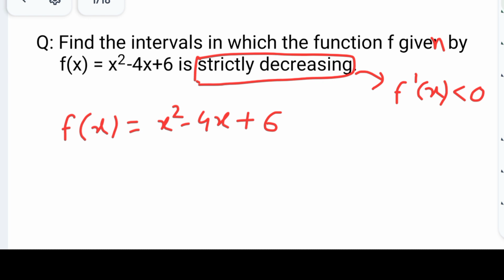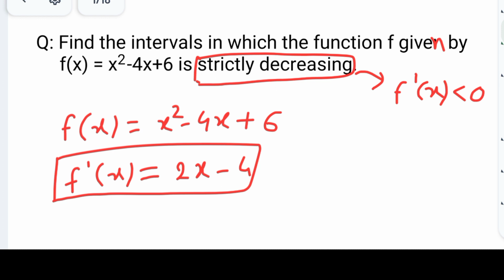So first I have to find f'(x), the derivative of the function. The derivative of x² is 2x, minus 4 times the derivative of x which is 1, and the derivative of 6 is 0. So the derivative of this function is 2x − 4.